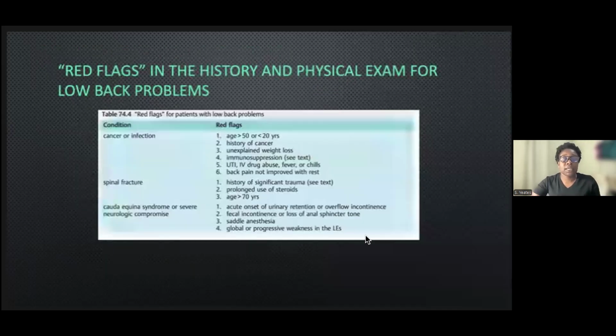As I mentioned earlier, there are certain red flags or clues that we clinicians should look into, or have alarm bells go off when we hear the patient talk about them or we find them in our examination.